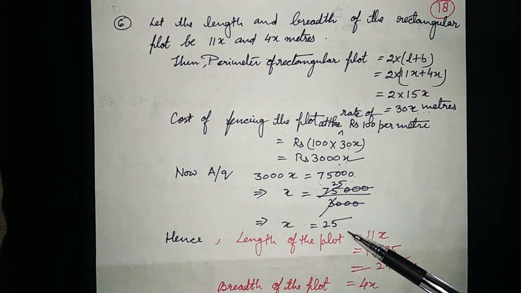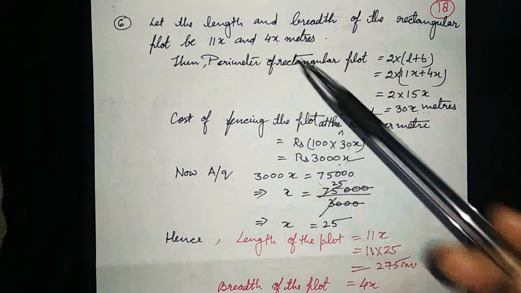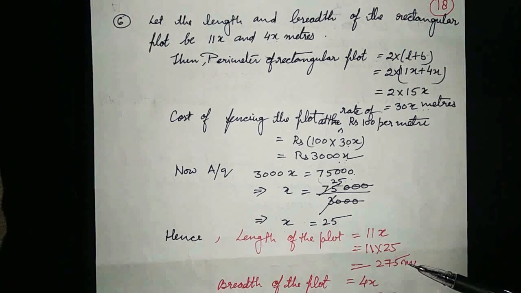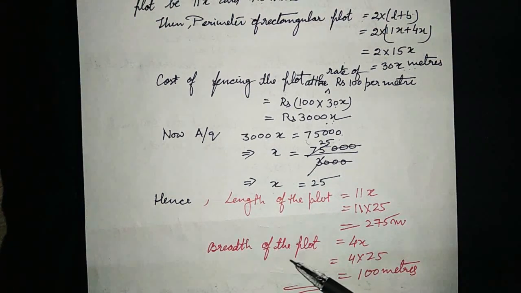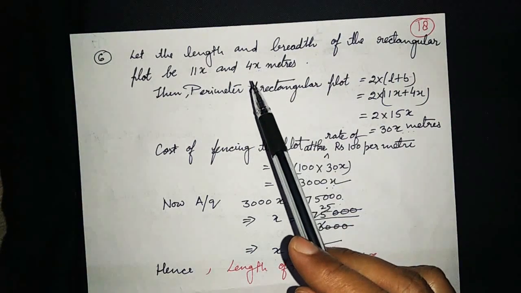Now we can find the length of the plot. The length we assumed is 11x. For x we put 25, and 11 into 25 is 275. So the length of the plot is 275 meters. For the breadth, we put the value of x in 4x.